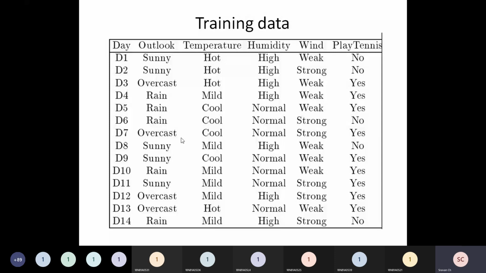I should see how many different possible values there are in that attribute. In Outlook, I have 3 different possible values: sunny, overcast, rainy. For each of them, I should calculate entropies separately.